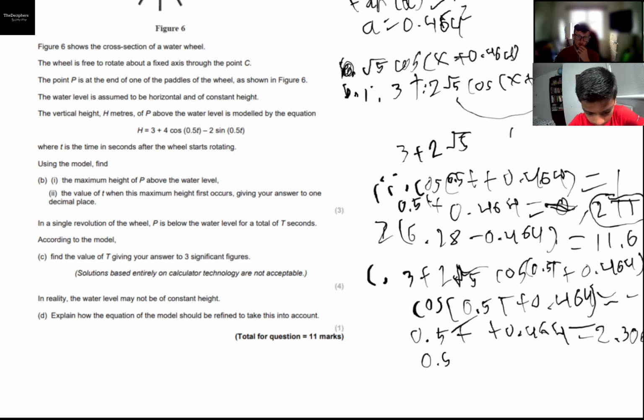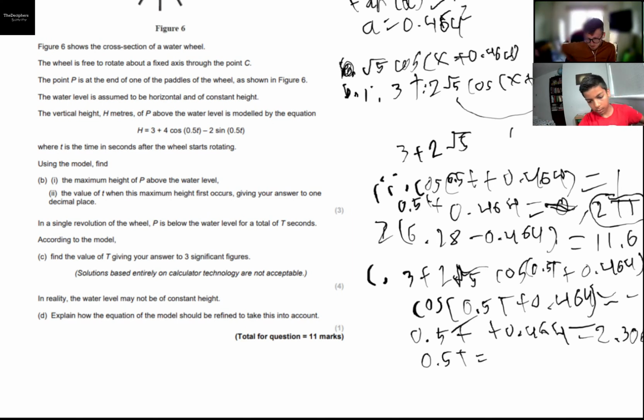So 0.5t is minus 0.464. Make sure you explain nice and clearly what you're doing.